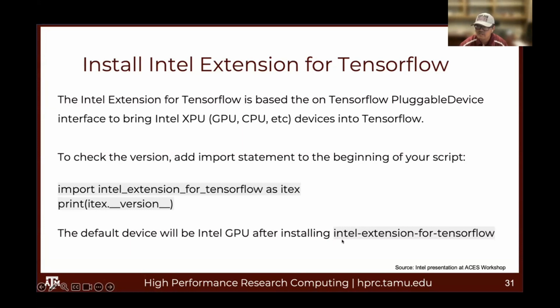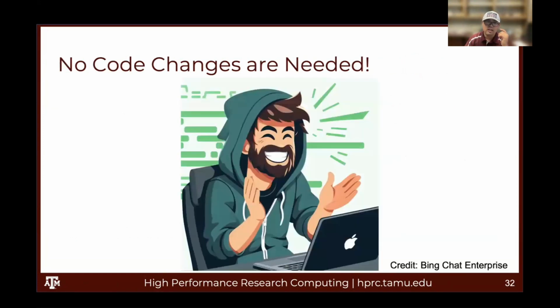Good thing is that if you install Intel extension for PyTorch in your environment, the default device will be the Intel GPU. For example, if you installed this package in your environment, it will automatically use the Intel PVC GPU. You don't have to do any code changes.